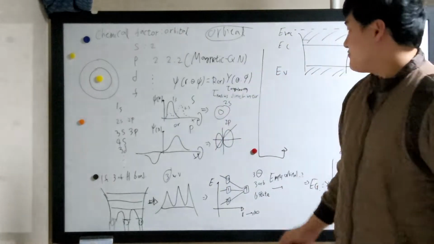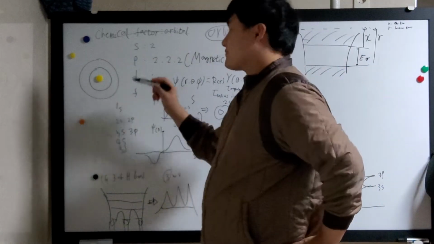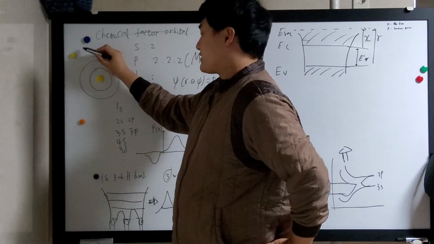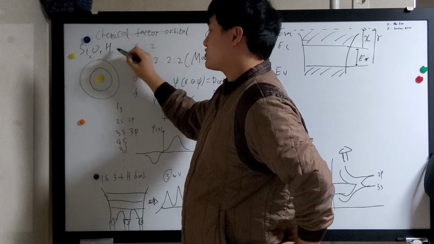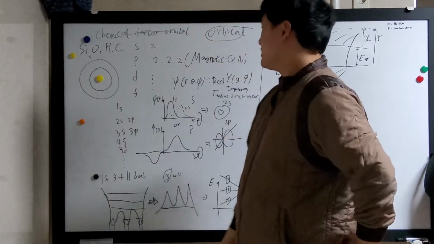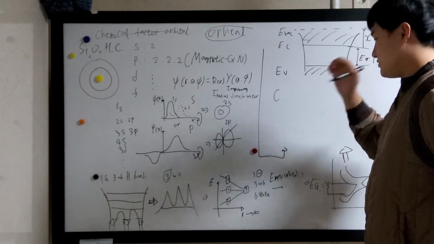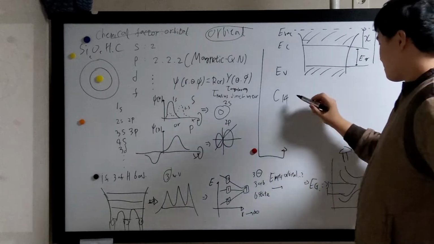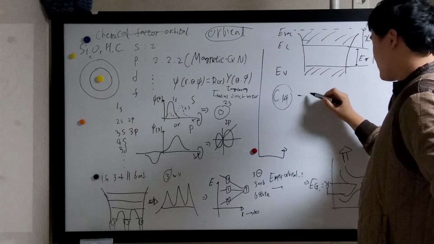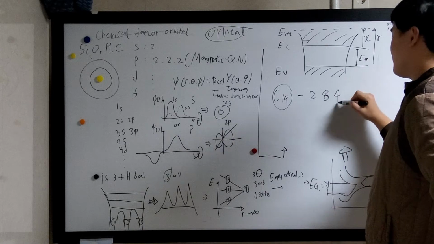So let's see. With the chemical vectors, the orbitals, we know that there are materials like silicon, oxygen, hydrogen, carbon, anything else. If there is a carbon, maybe carbon has 14 electrons, right? Then 2, 8, and 4.